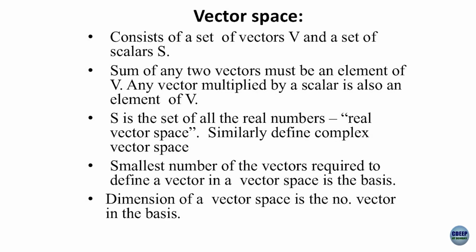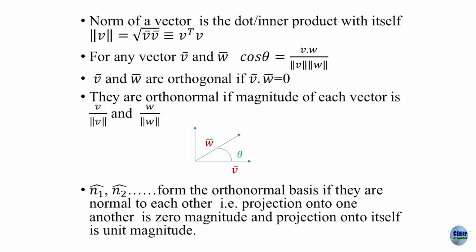Then what we said was that the smallest number of vectors required to define a vector in a vector space is the basis. Okay, this is something that we need to keep in our mind. So if we have got a two-dimensional vector space, then you need two vectors or the two basis vectors, and the dimension of the vector space is the number of vectors in the basis set.